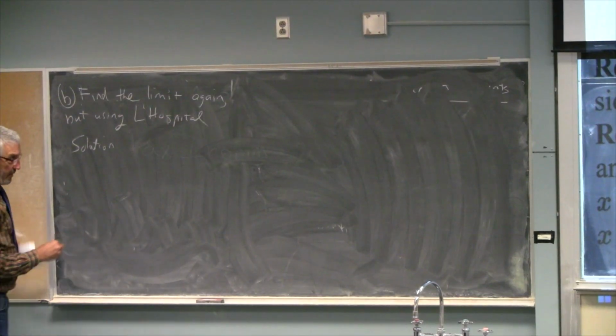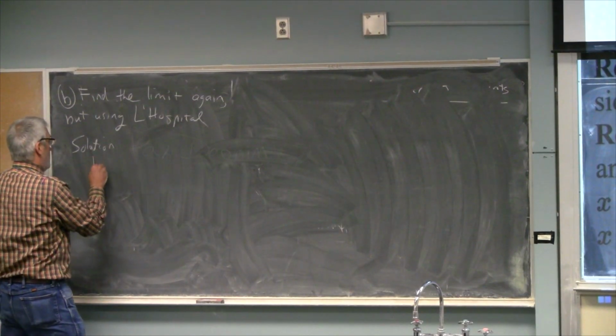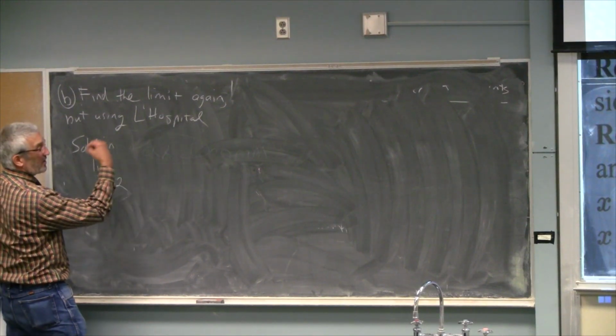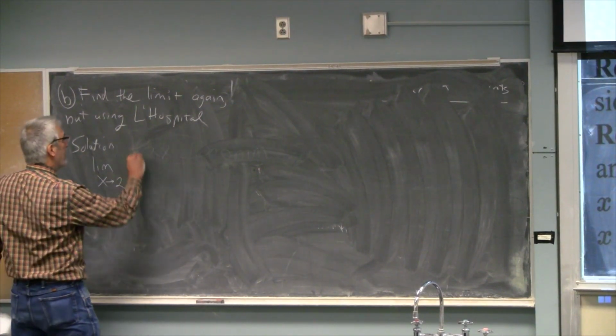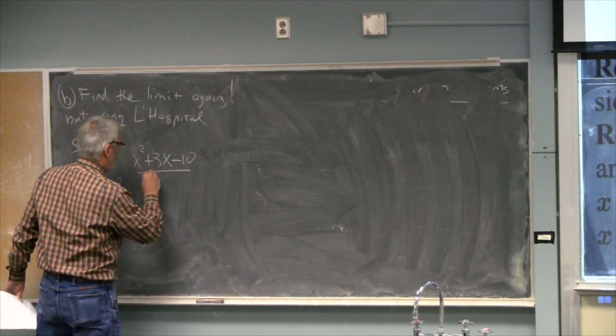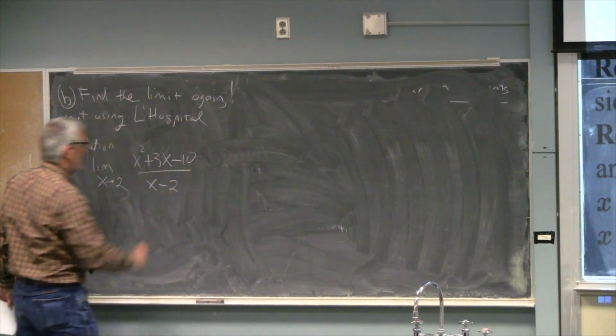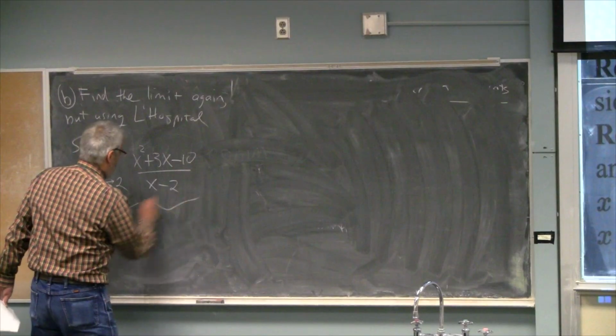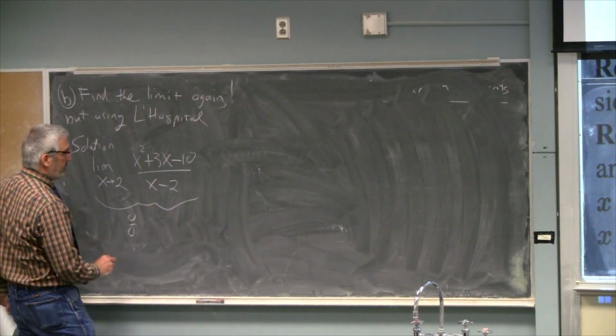All right, so I'm going to write down the limit on the left side. Limit as x approaches 2, and I'm going to go back to using the standard form. So there's my original limit, which is 0 over 0 indeterminate.